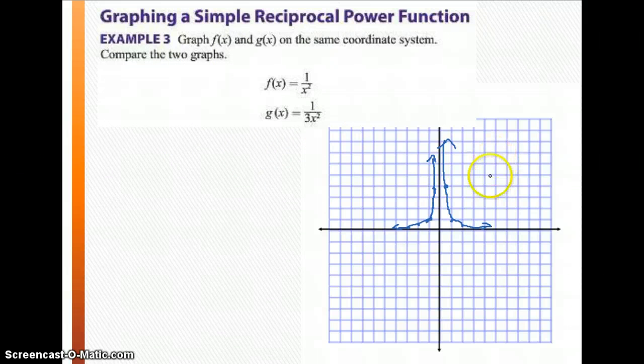Let's do a purple. And so now if x is equal to 1, I have 1 over 3 times 1, which will give me 1/3. So x is 1, I have 1/3 here.